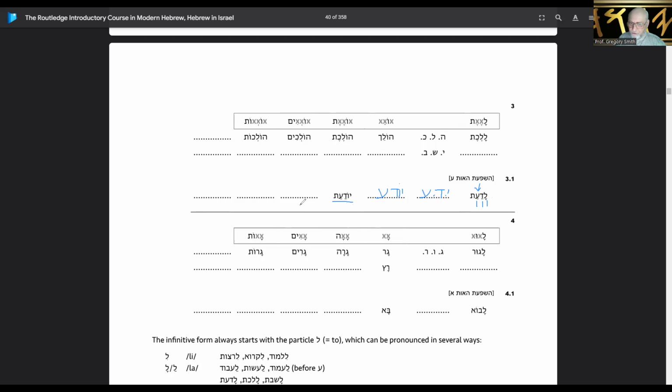Okay, so if you were to say they as in mixed or all men plural, it would be yodim. And then if you were to say you all, feminine plural, it would be yodot.